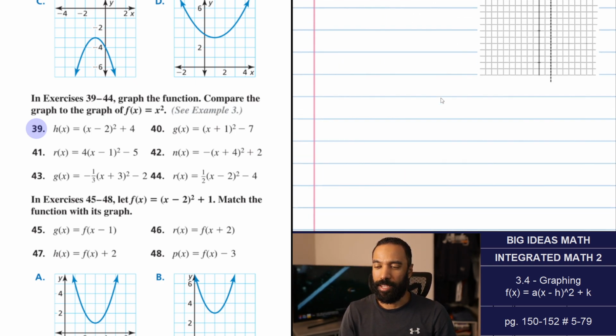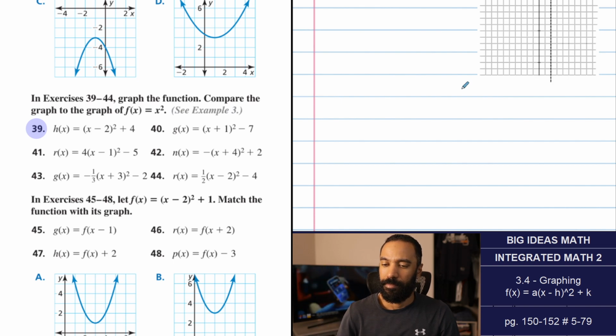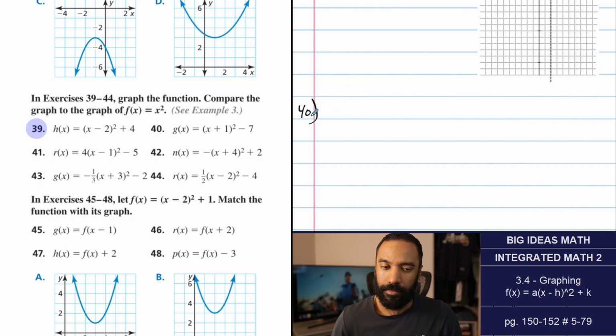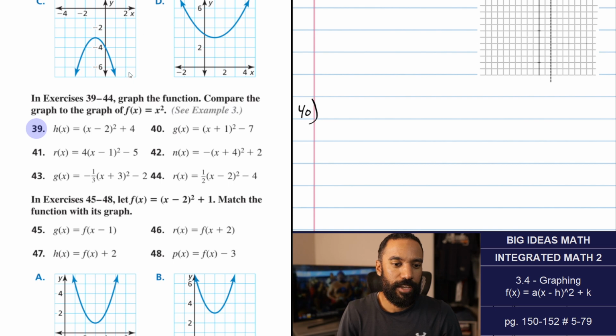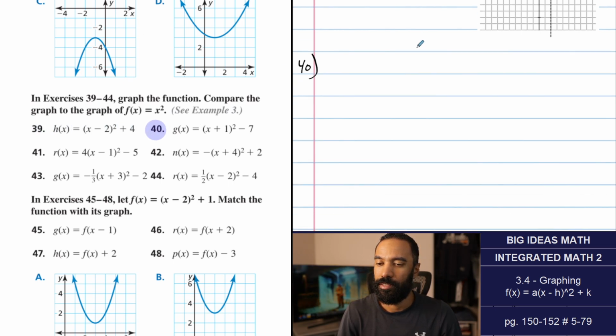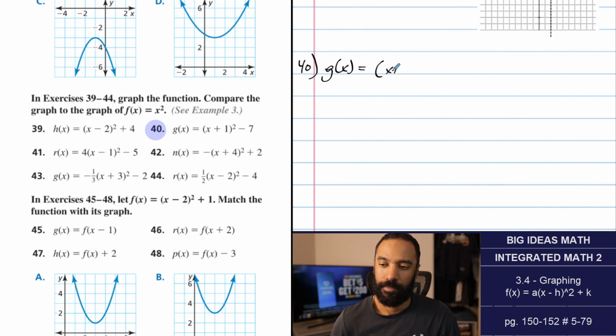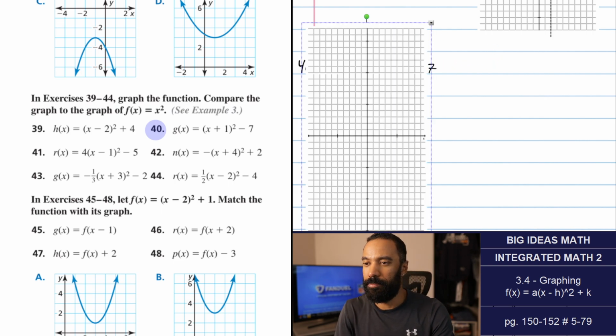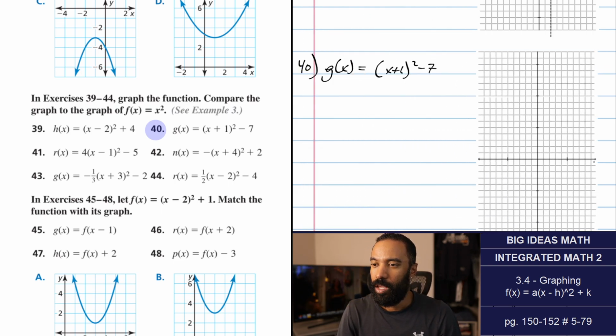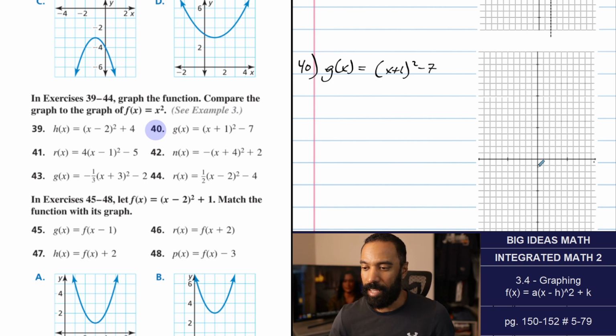All right, number 40. G of x equals (x plus 1) quantity squared minus 7. Okay, so this one, the vertex is at negative 1, negative 7.